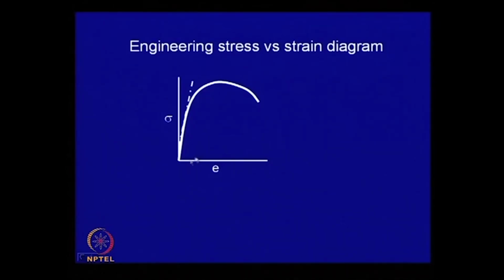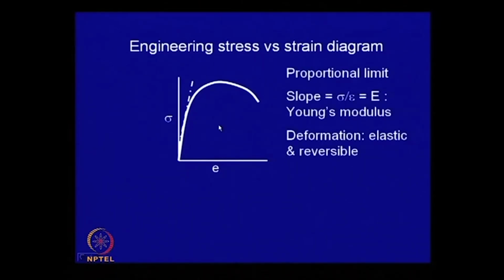So, for example, if you look at this part which is nearly linear, if you draw a line, the slope of this line will give you the elastic modulus. So, basically here stress is directly proportional to strain, and this is called Young's modulus or elastic modulus, and this deformation, this part of the plot, is reversible.